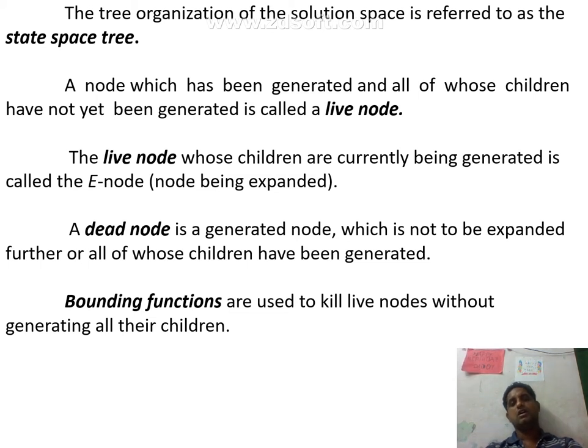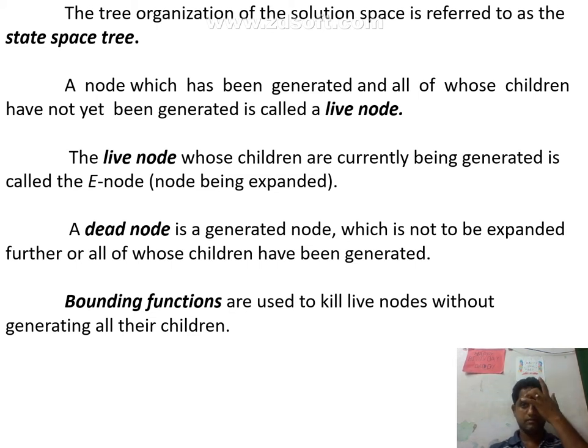These are the three different nodes in the state space tree: the live node, e node, and dead node.